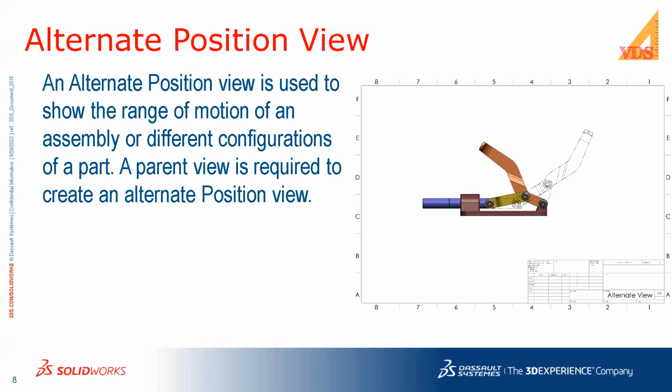One thing: earlier it was only available for assemblies. Now it is available for parts also. So in parts also, you can show them in different states. For example, if you have a sheet metal component, you can show the flattened state and the folded state of the sheet metal component in one view. Or if you work with cast components, this was actually requested by people working in the casting industry.